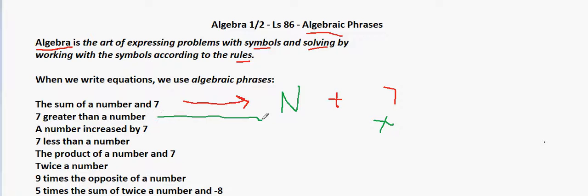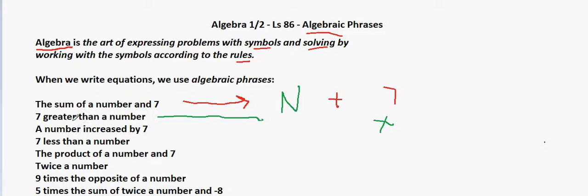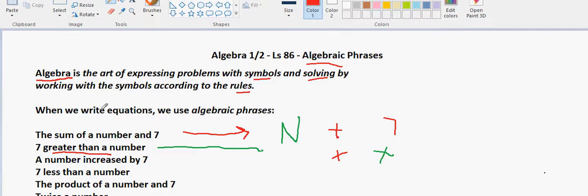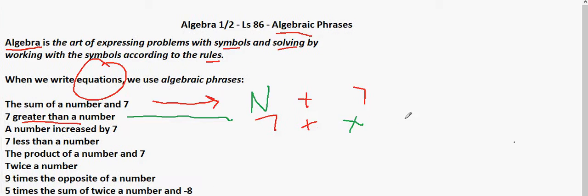And if we want to translate this one here, 7 greater than a number, greater than is going to be another thing where we know, okay, that sounds like plus. Don't use the greater than sign because we don't use those in equations. We're going to say 7 greater than a number would be like 7 plus the number, or x, we could also show that as x plus 7.